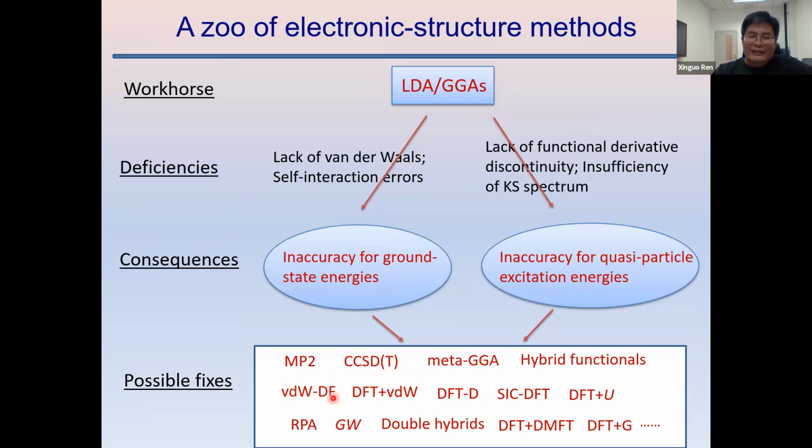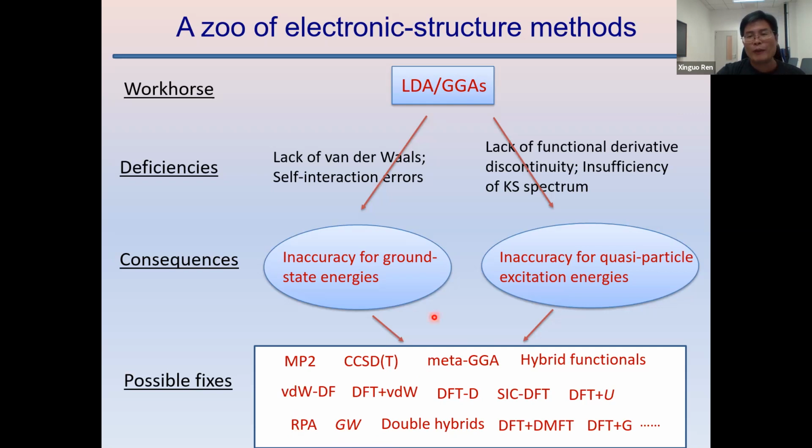I just list some famous methods which are either developed from the quantum chemistry community, or within the DFT method by going to better functionals, or from some solid state communities by correcting DFT in one way or another. And the RPA and GW, this kind of approach, are based on the response function of the system. They are actually just two of these very many approaches.